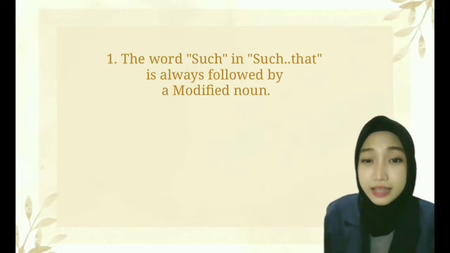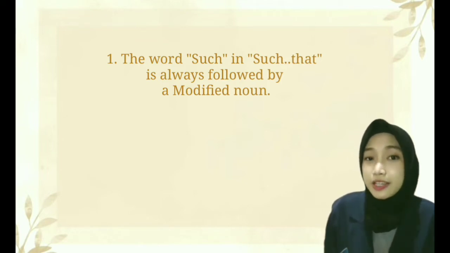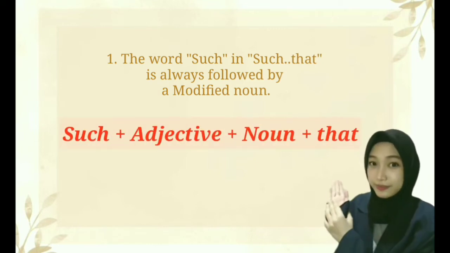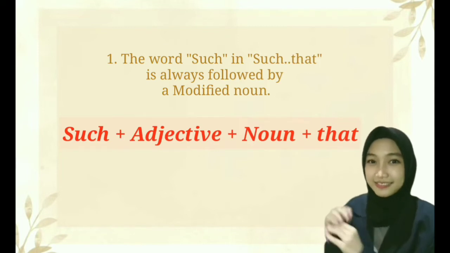So, to form a cause and effect expression by using such that, the formula that is needed is such plus adjective plus noun plus that. It is so easy, right?